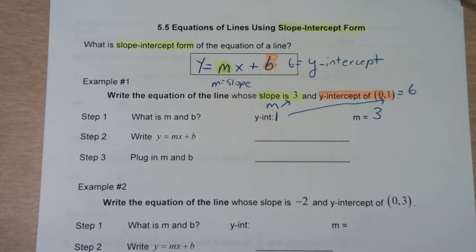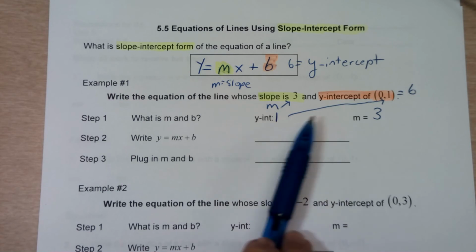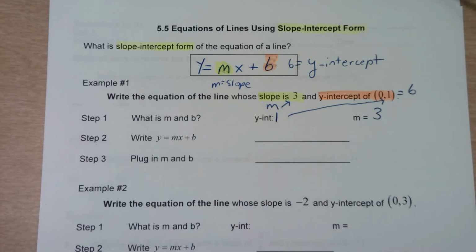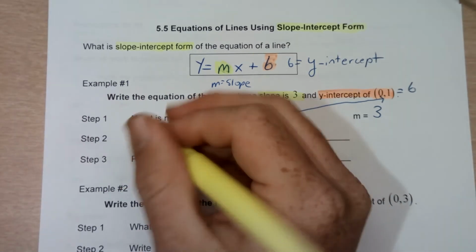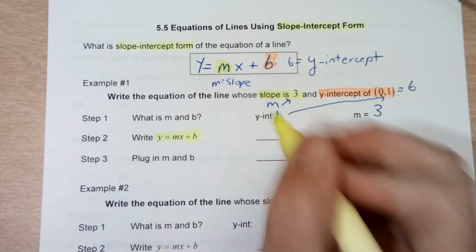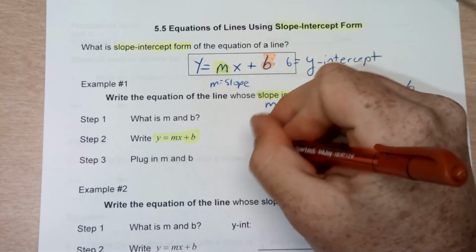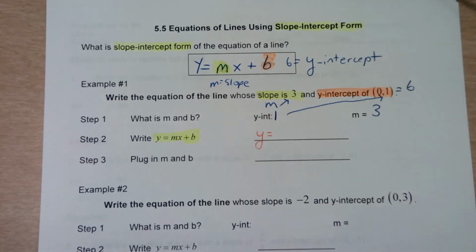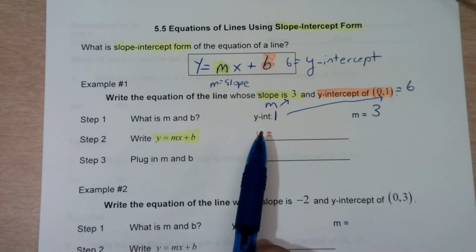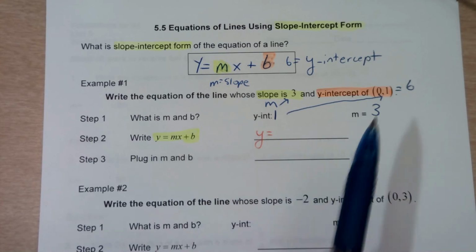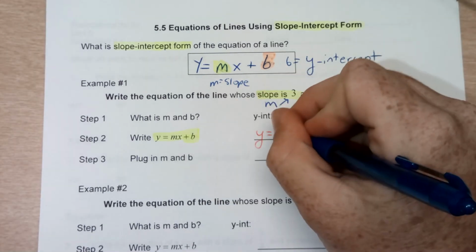So we know what our m is, we know what our b is. Now it wants us to write this equation in y equals mx plus b form, so we just fill in. So I have y equals, that's always the first part. Now I need to input my m, which is 3.